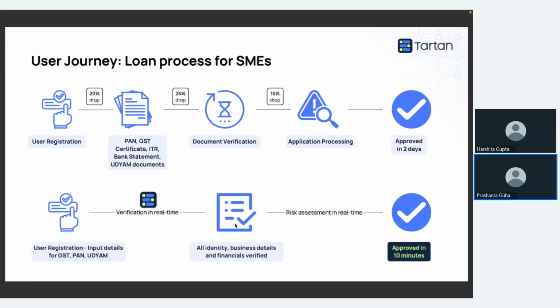At the same time we save the effort of the user filling the entire form, and at the same time all details are verified. Again, a journey which was taking up to 2 days would take less than 10 minutes to finish, where you can instantly offer them the different products that are there.